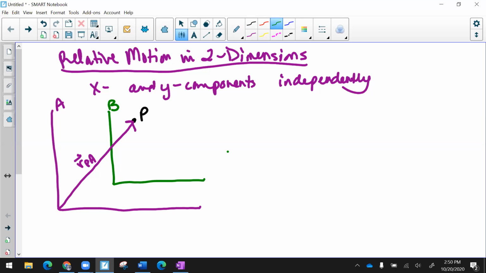But my Zamboni could also measure the position of that hockey puck, and that's going to be RP with respect to B. And the whole idea here is that I can measure the position of my Zamboni with respect to my hockey player. So that blue arrow there is the distance, the position from one reference frame to another.